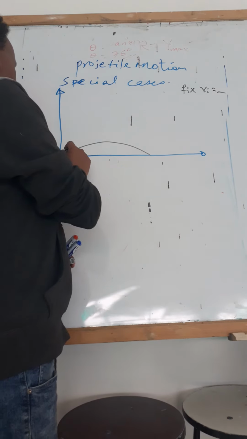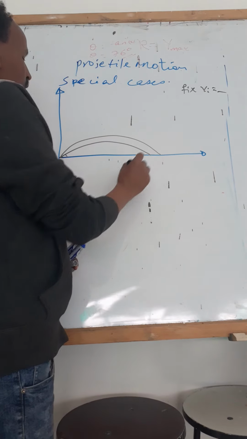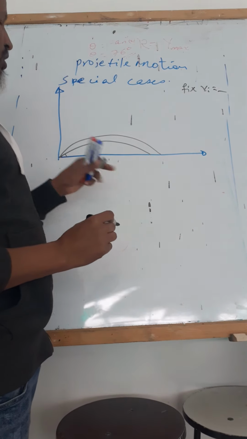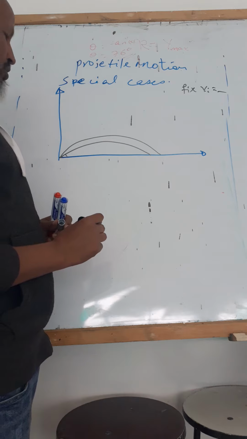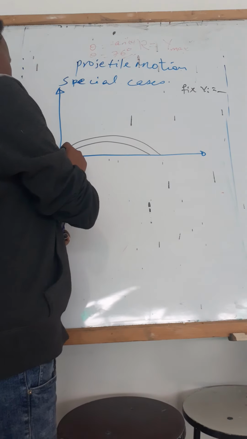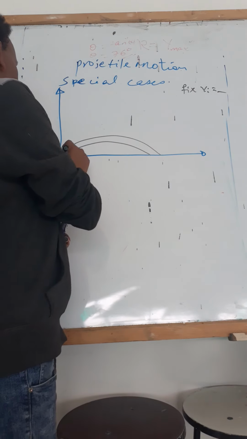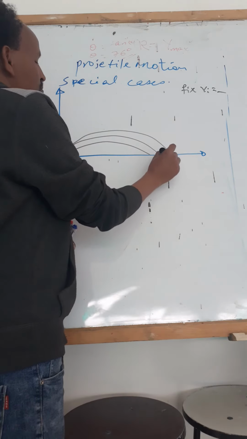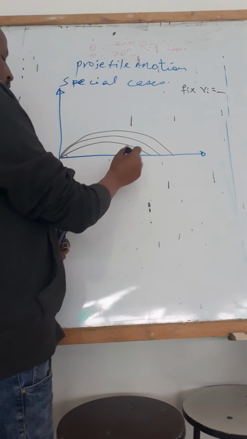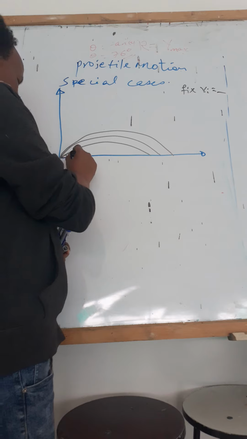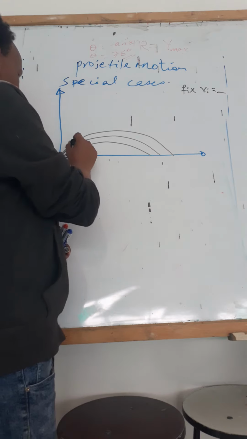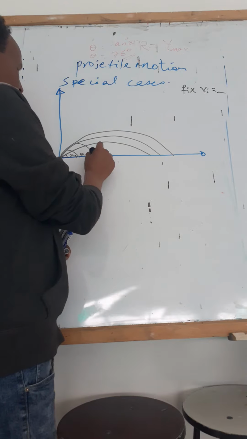You try to increase the angle, and you increase both the range and the height. Okay, we have theta 1, we have theta 2, and let me say we have theta 3.